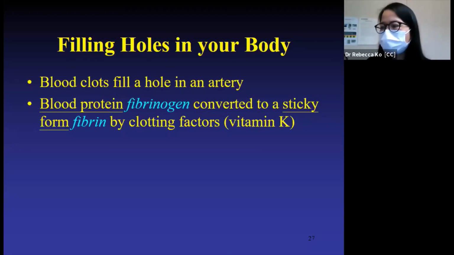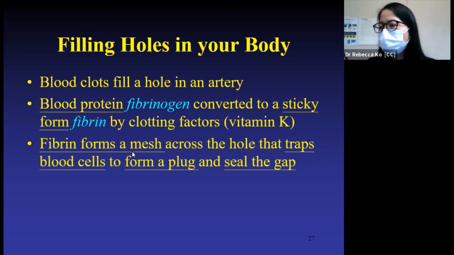Inside the blood, the blood protein fibrinogen is converted to a sticky form, fibrin, by a clotting factor. That clotting factor includes vitamin K. So that's why vitamin K is essential for blood clotting, because vitamin K helps to convert fibrinogen to the sticky form, fibrin.